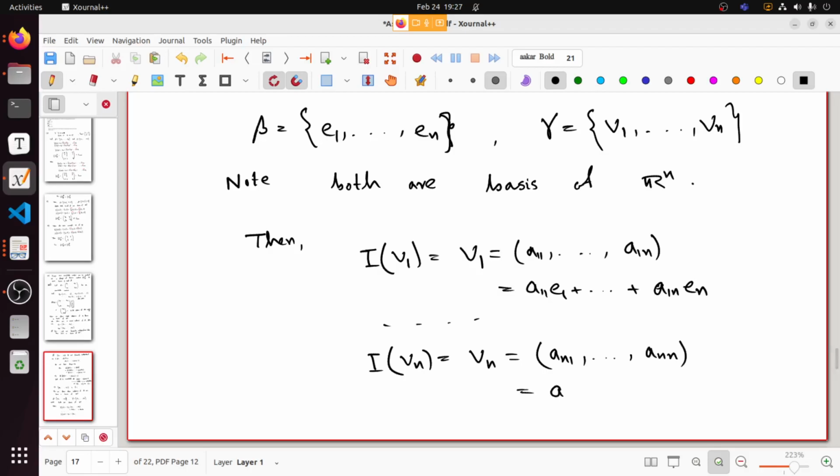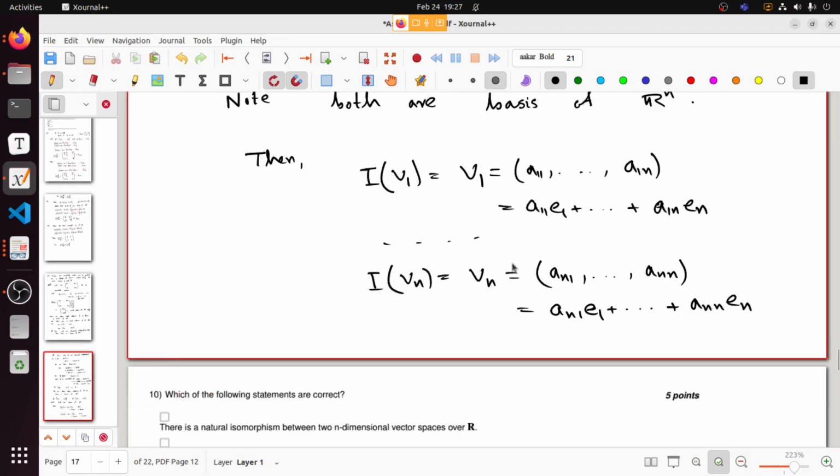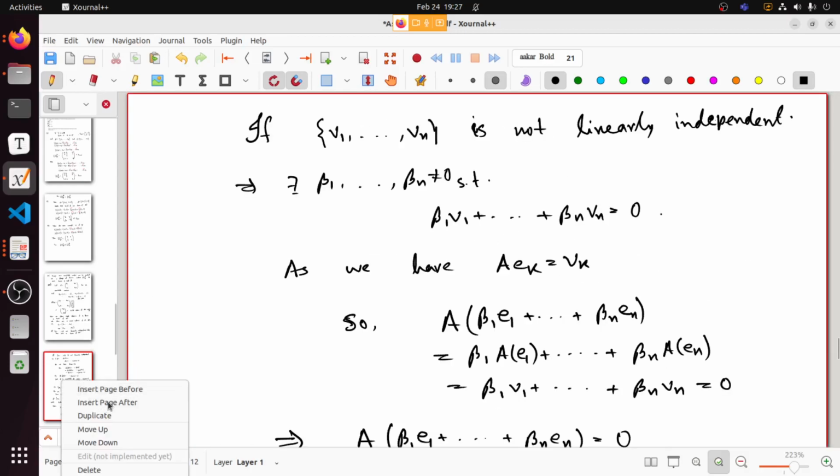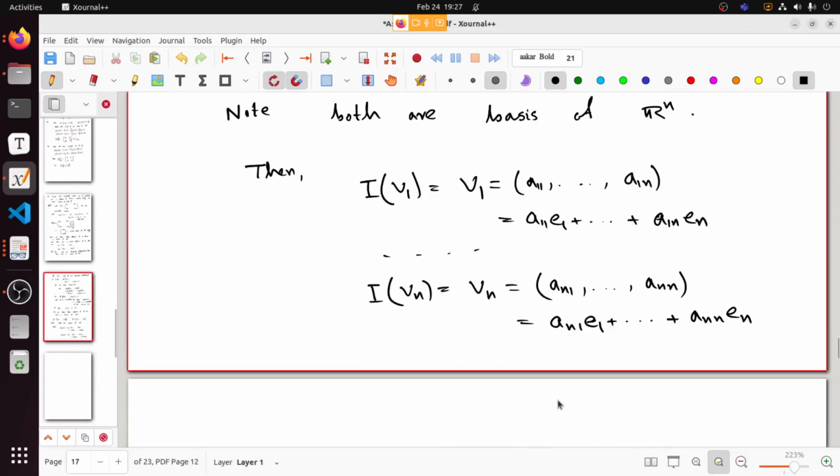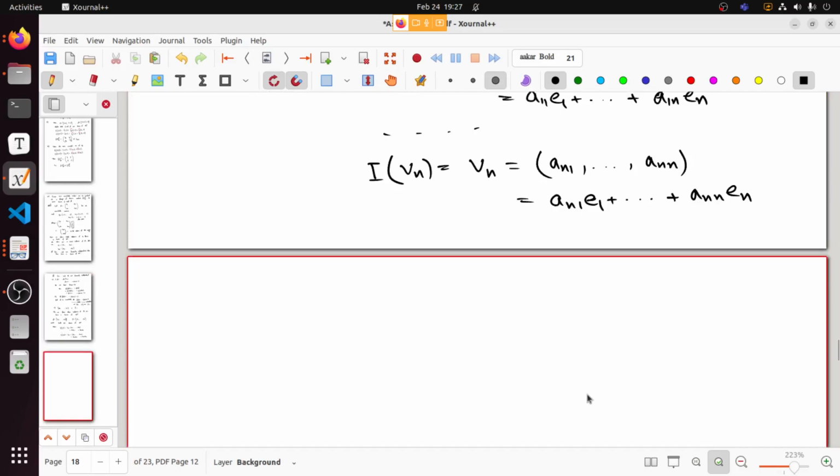So this you can write as an1 e1 + ... + ann en. Now let's write down the matrix of I with respect to this basis, gamma, beta.